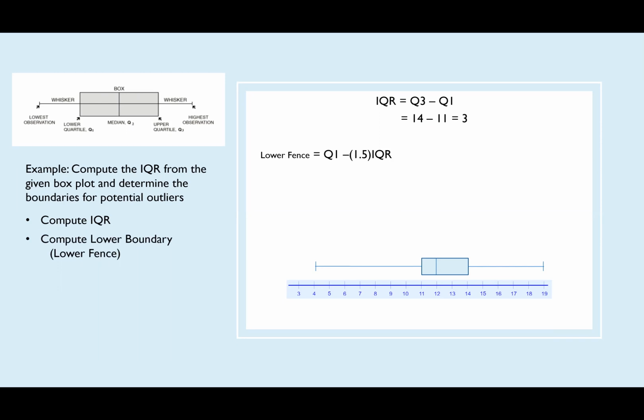Next, we'll compute the lower boundary or the lower fence by taking Q1 minus 1.5 times the IQR. I get 11 minus 1.5 times 3, which is 6.5. Similarly, I'll compute the upper fence, which is Q3 plus 1.5 of the IQR.